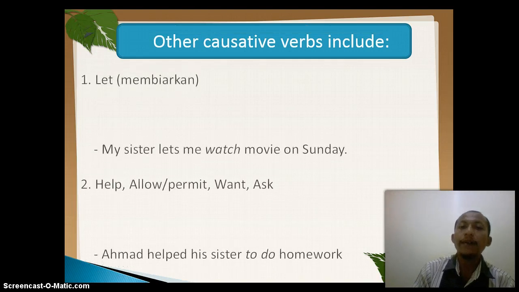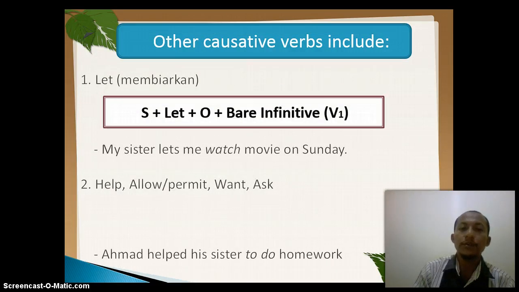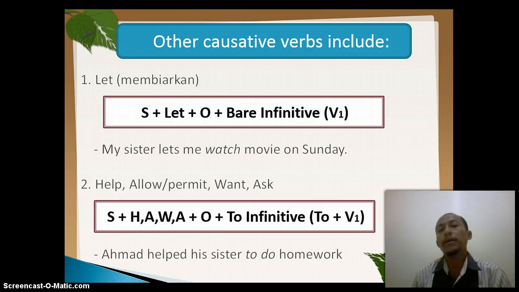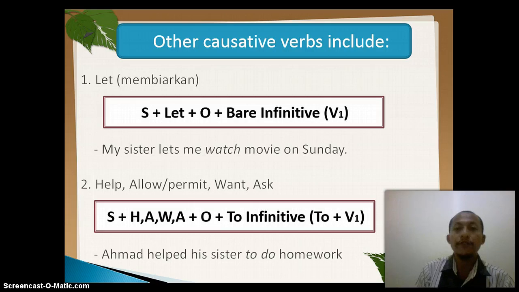Okay, other causative verbs. You can use let: my sister lets me watch a movie. It's a kind of causative verb, causative sentence. And you can also use allow, permit, want, or ask. Look at the example and also the formula.